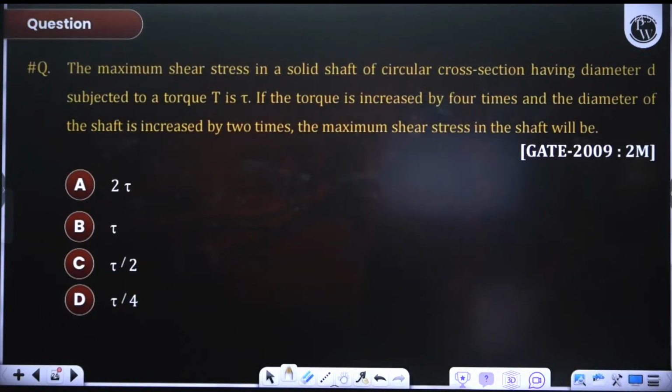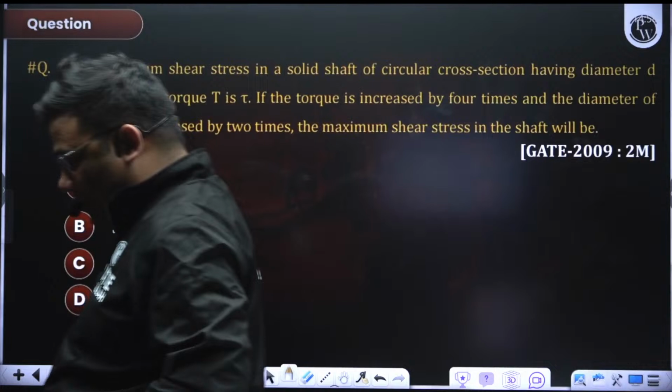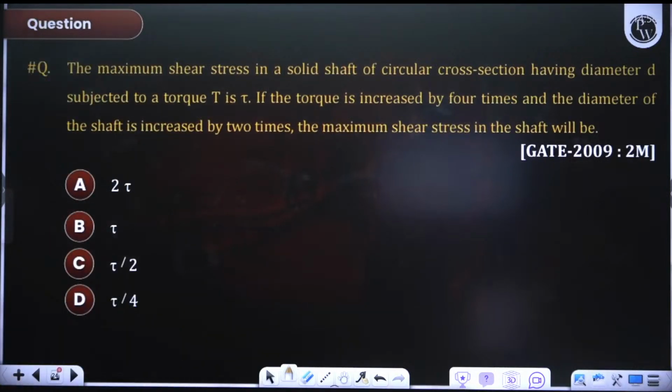And not only previous year questions, you should solve much more than previous year questions. Those who have been attending the batch classes, they solve not only previous year questions, they solve many questions. Okay, please solve this question.